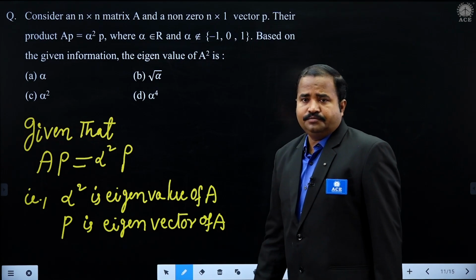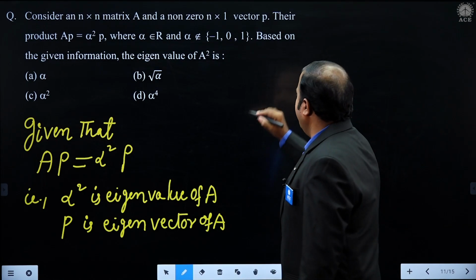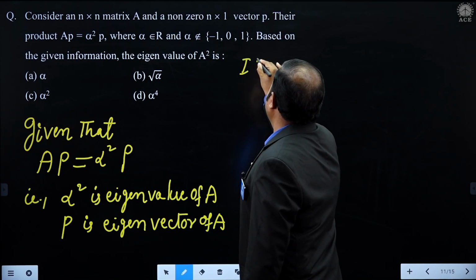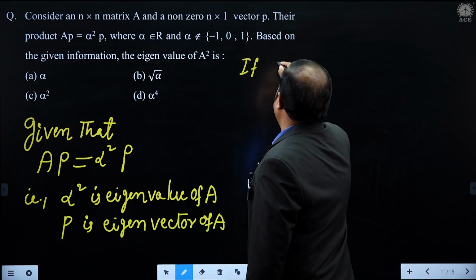By the properties of eigenvalues, what is the property?